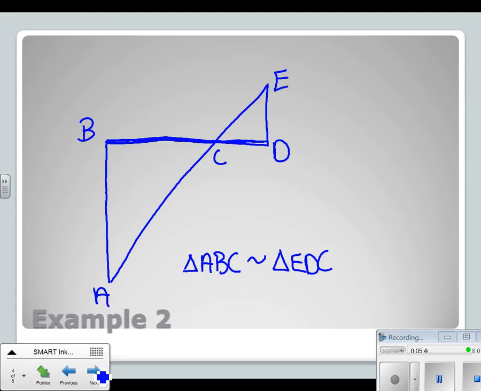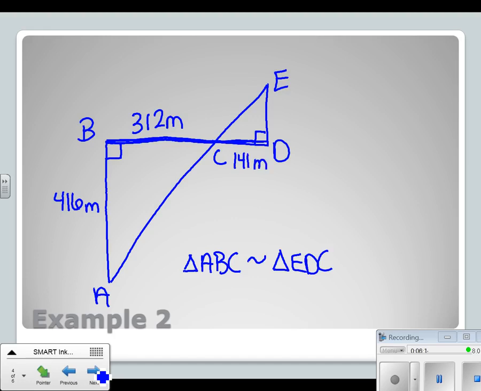So now I'm going to label some of these. This is a right angle, and this is our right angle over here on the smaller one. I'm going to tell you this one here is 416 meters. This distance from B to C up here is 312 meters. This distance from C to D is 141 meters.